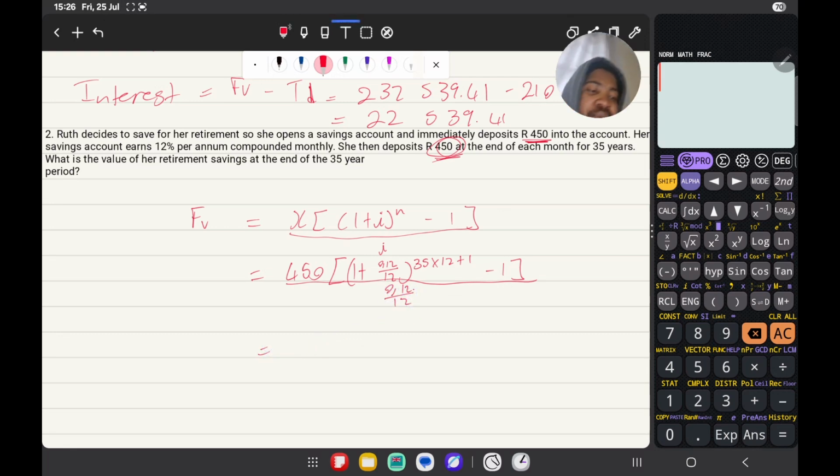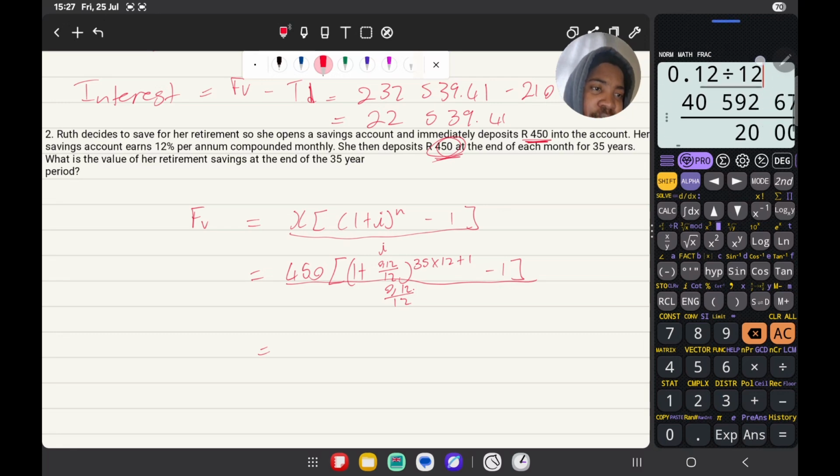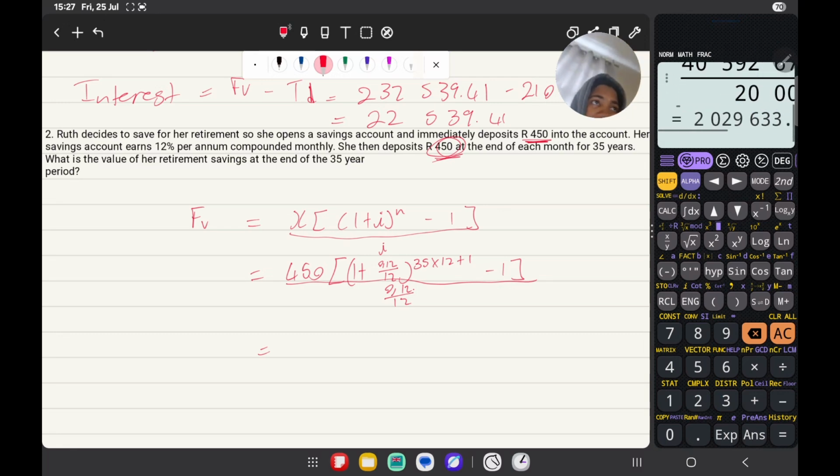Yeah. So now we put our guy in a calculator to get our value. 0.12 divided by 12, to the power of 35 times 12, plus 1, minus 1, close bracket, divided by 0.12 divided by 12, right?